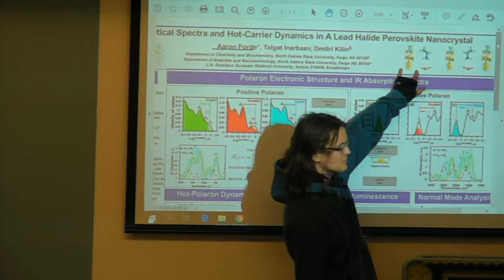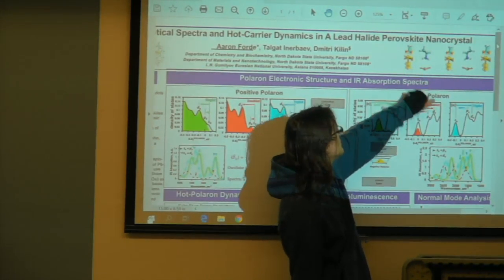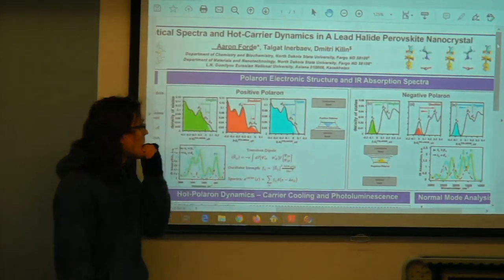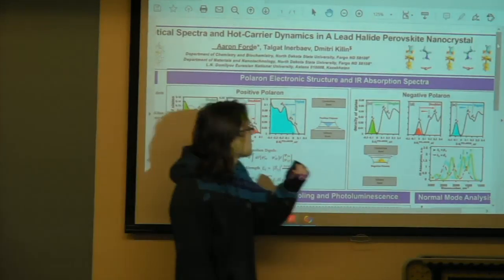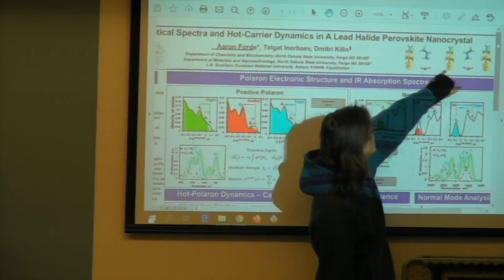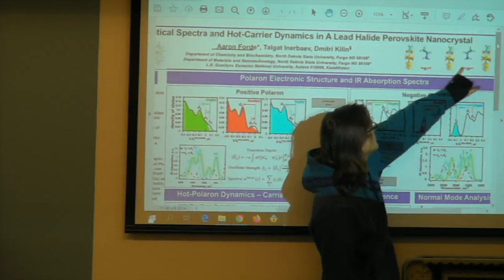I guess they're not the same picture. Is it different spots or different electronic states? I guess this and this are the same figure, they just copy and paste. And these two are the same.